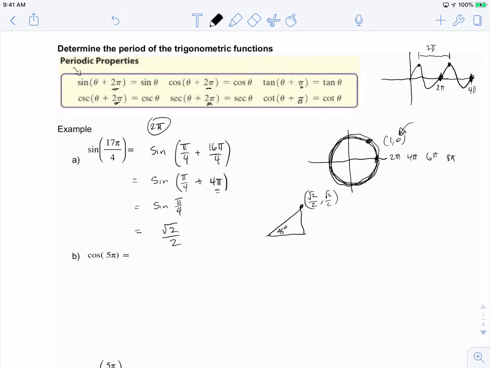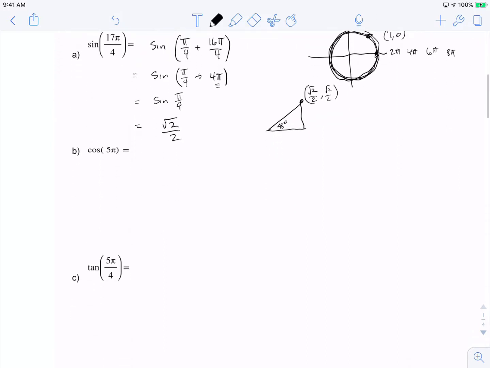Okay, now let's look at cosine of 5 pi. Again, we know that the period for cosine is 2 pi. So cosine of pi plus 4 pi is equal to cosine of pi. It's in the same position. Again, it's the rotations, right?